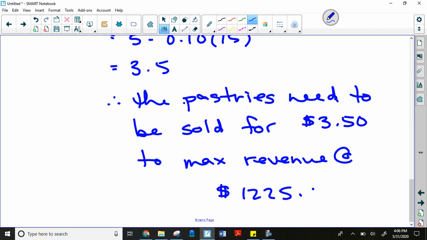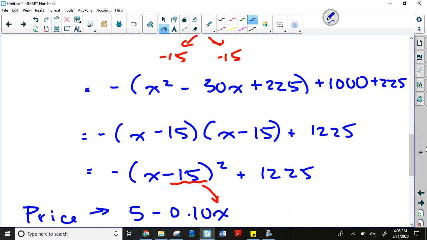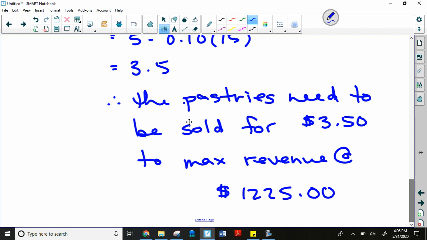I believe it was $1,225. Let me just double check that real quick. Yeah, $1,225. Okay, so the price is telling you what you have to sell them at.